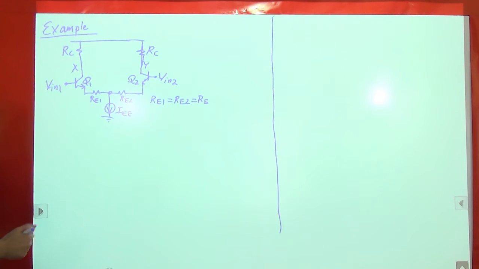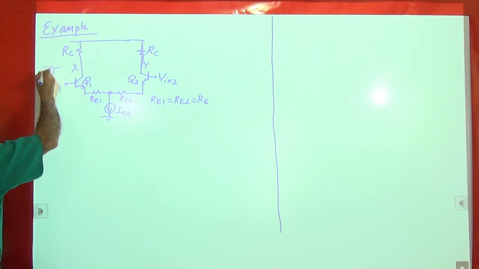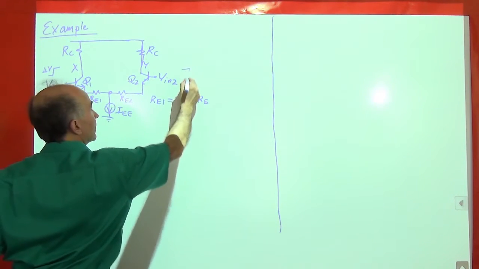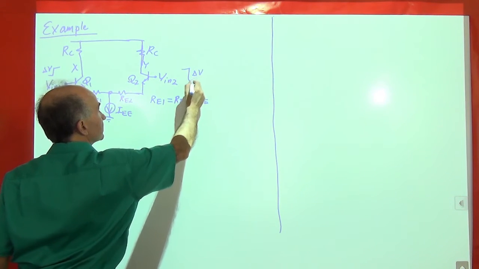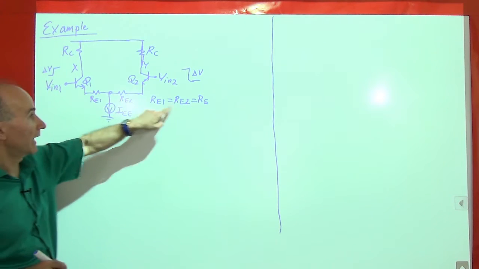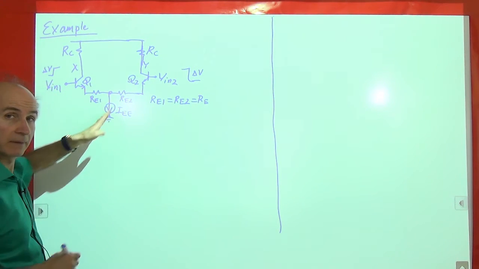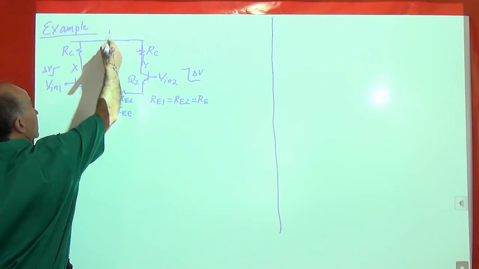Well, again, assuming that Vin1 and Vin2 change by small, opposite and equal amounts, and given that these two resistors have the same value, we're going to draw a line of symmetry in the circuit. Okay, so here's a line of symmetry.